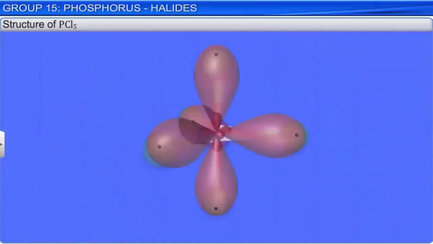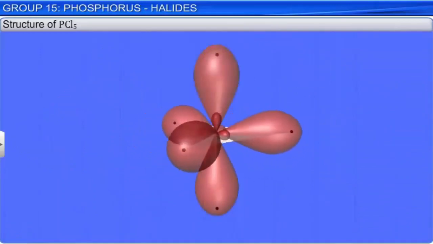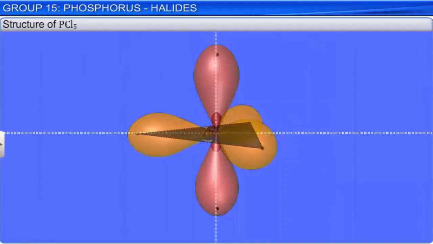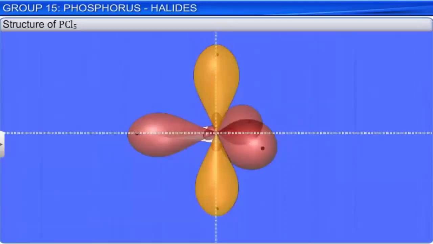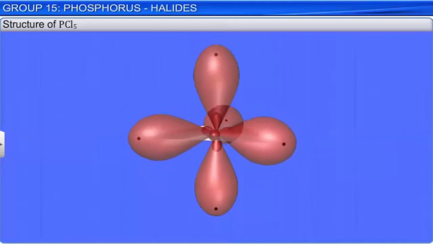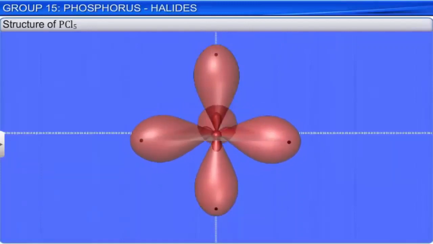Of the 5 hybrid orbitals, 3 occupy equatorial positions, while the remaining 2 occupy axial positions. As a consequence, 2 different bond angles are observed in the molecule. They are 120 degrees and 90 degrees.